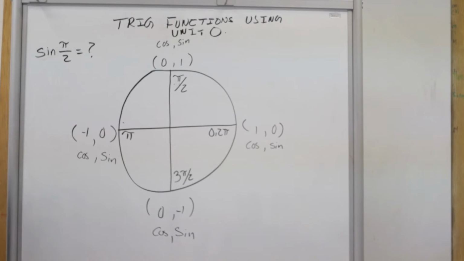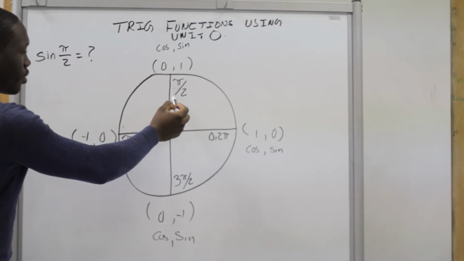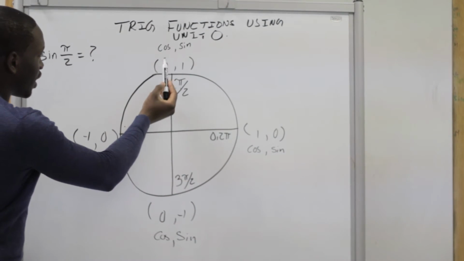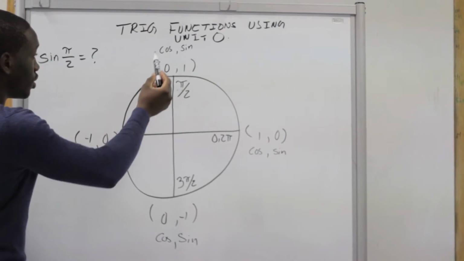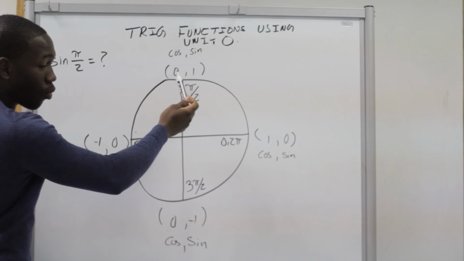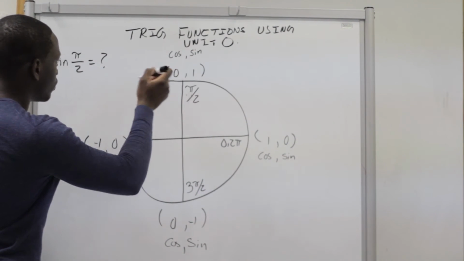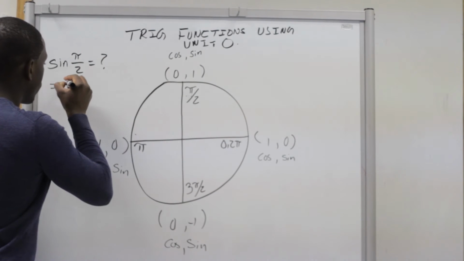I see pi over 2 over here, right? I see cosine and I see sine. The left-hand side, or your x values, deal with cosine. The right-hand side, or your y values, deal with sine. Sine pi over 2 is equal to 1.